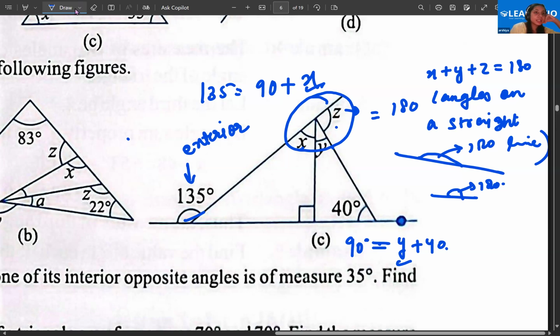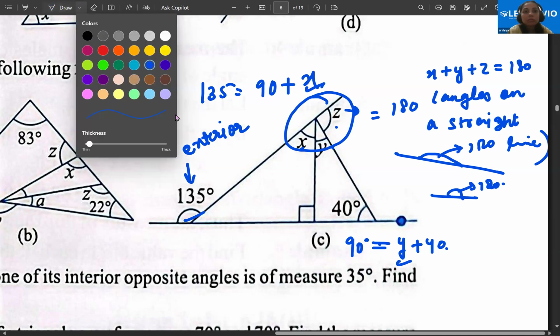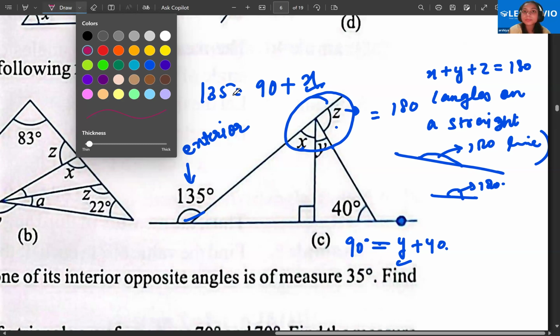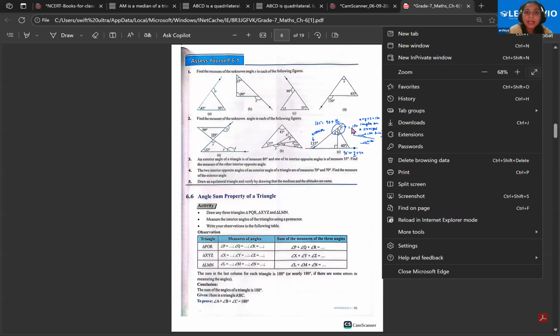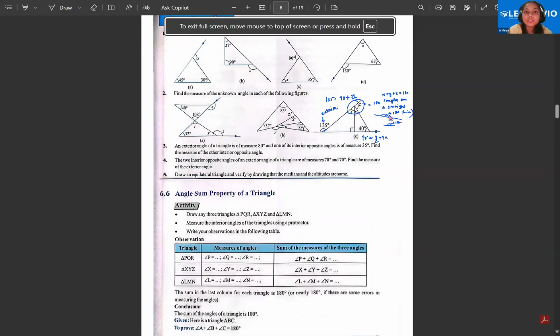So here what do we have? We have to find three angles, X, Y, and Z, right?